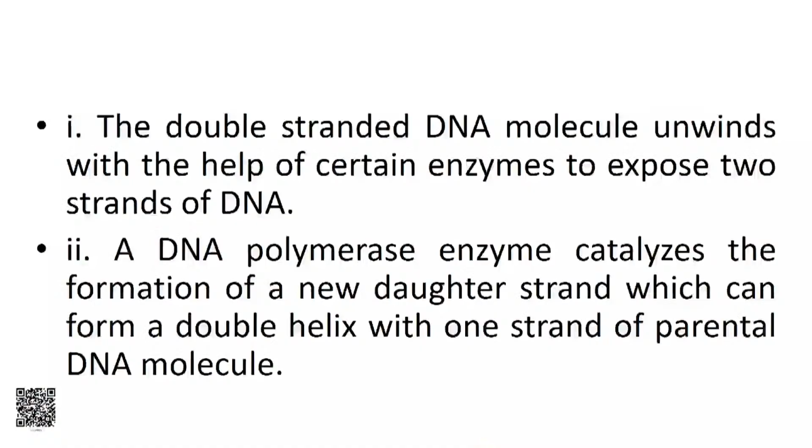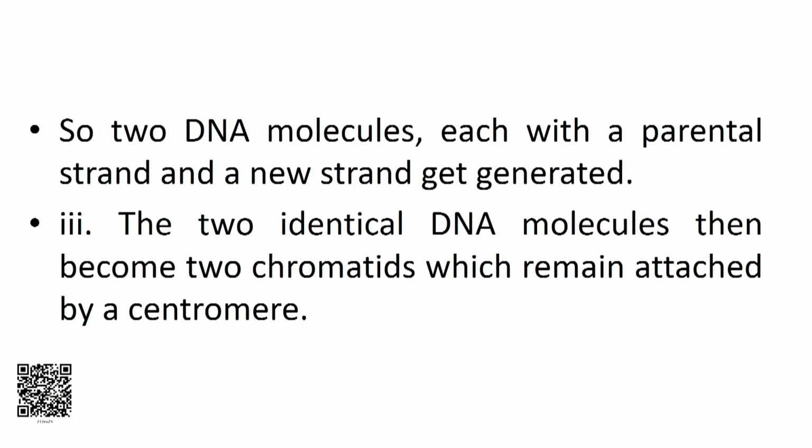The double-stranded DNA molecule unwinds with the help of certain enzymes to expose 2 strands of DNA. The DNA polymerase enzyme catalyzes the formation of a new daughter strand, which can form a double helix with 1 strand of the parental DNA molecule. So 2 DNA molecules, each with a parent strand and a new strand, get generated.